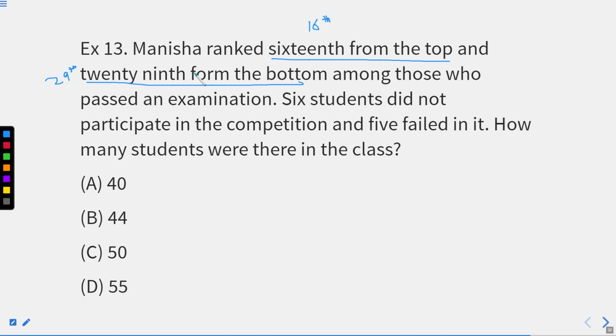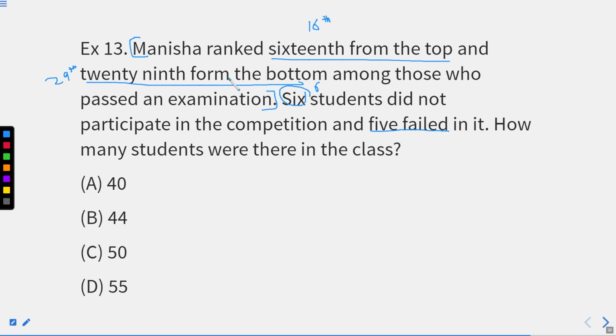Now, this condition is for the passed students, those who clear the exam. There are 6 students who didn't appear in the exam, so mark it as 6. 6 students didn't participate in the competition. 5 students are those who failed the exam. So now we have 3 situations.